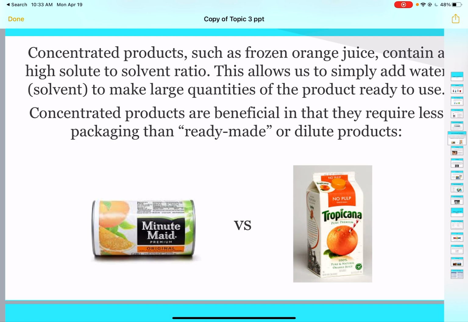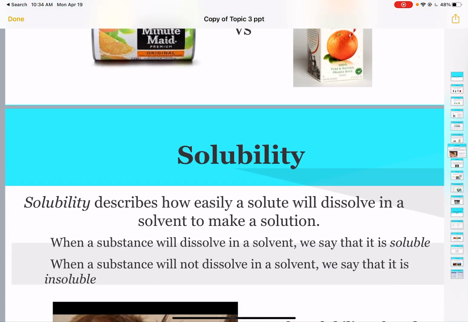Then you use less laundry detergent because it'll mix with water when you put it in the washing machine. Why would we need to put water in a washing machine that already has water? So I think a lot of solutions are becoming more concentrated, and that's mostly because it's going to save a company money.